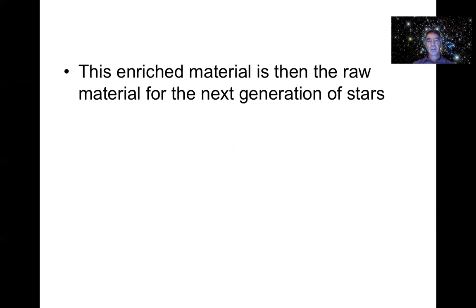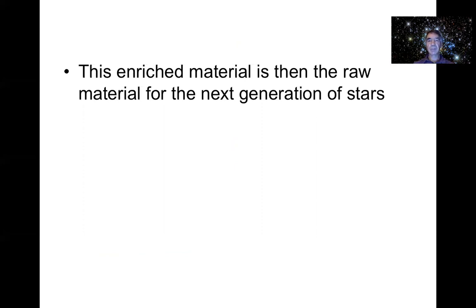Now, that material that is then floating around in between the stars, which we will refer to as the interstellar medium in future lectures, is the raw material for the next generation of stars. The whole way galaxies operate, there's this continual cycle of material that is collapsing under gravity.